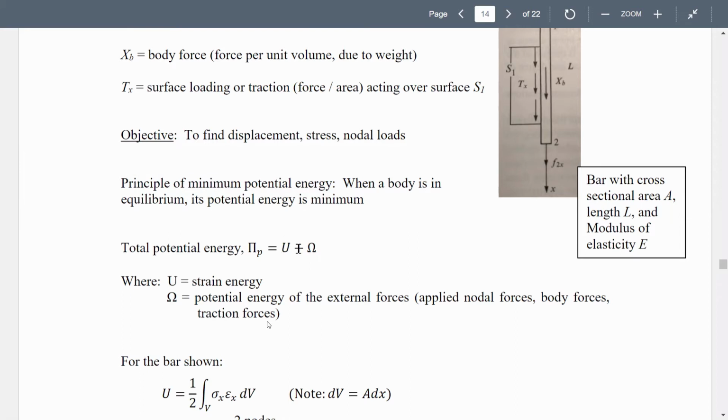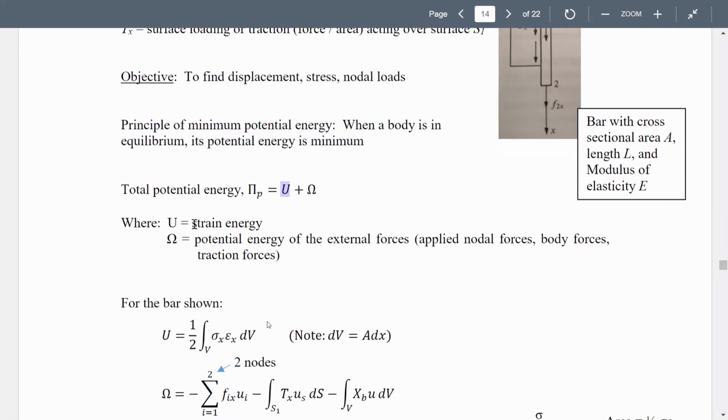Our job would be, with a little patience over a few minutes, going through these derivations, substitutions, and a little manipulation of these formulas, and then deriving what we want. Let's start with U. U is strain energy. It is given by this. It is half of the integral of sigma x epsilon x.